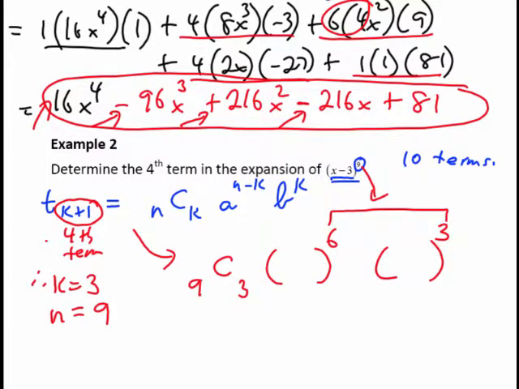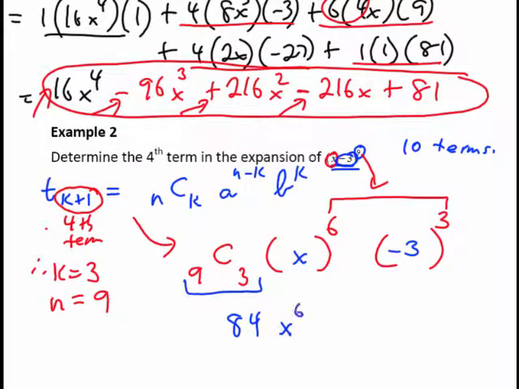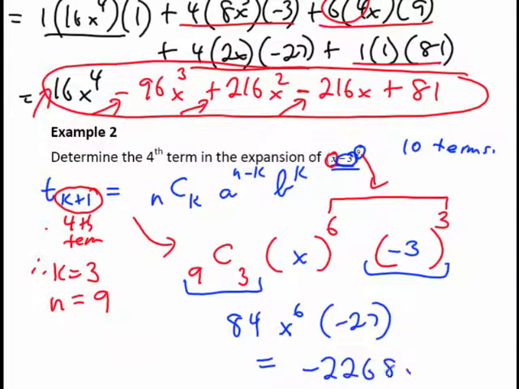Be clear in your mind as to how you're calculating those. And then your a value is x, and your b value is negative 3. So if we work all this out, 9 choose 3, I can get that from the calculator or Pascal's triangle. That's 84, x to the 6th, and this is negative 27. And if you combine that, your 4th term will be this.